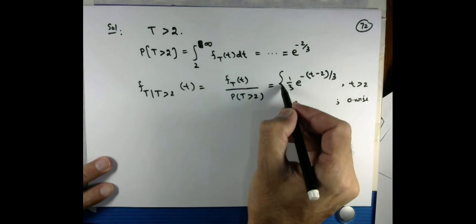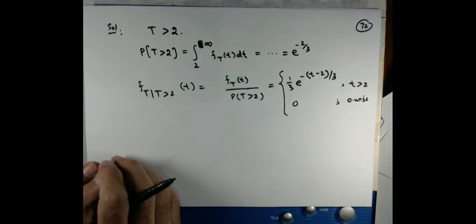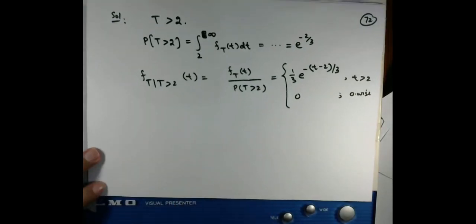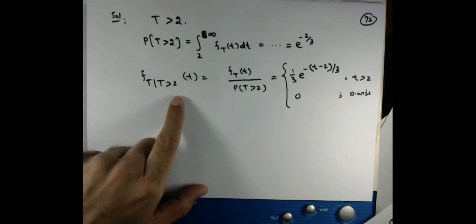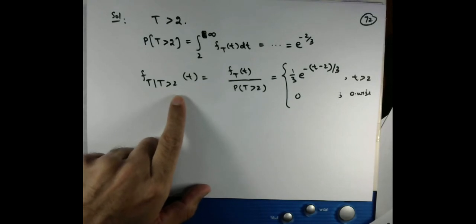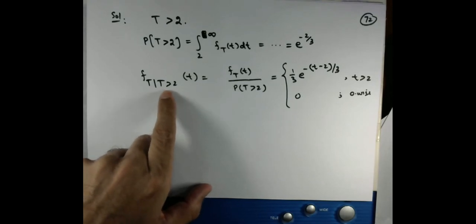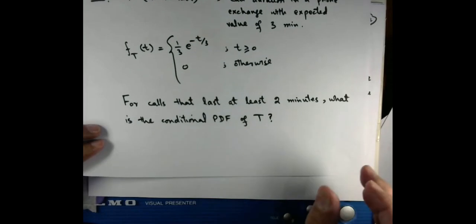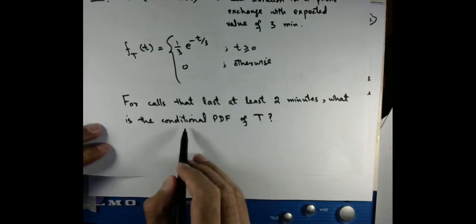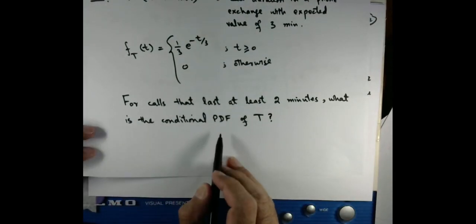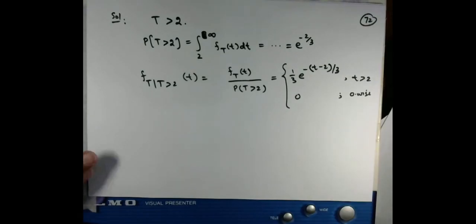So hopefully you understand this concept. Now you know the conditional distribution of all such calls which are at least 2 minutes and onwards. So we have been able to find the conditional PDF. How to find the conditional expectation?